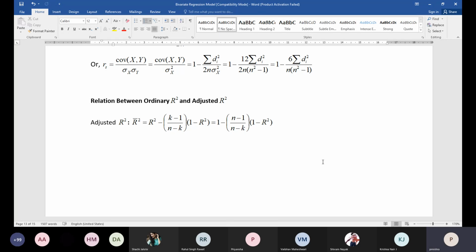Let us estimate a regression model with log of yt as the dependent variable and t, that is the time, as the independent variable. If we do this, then the slope coefficient multiplied by 100 will give me the trend growth rate. That is also an average growth rate during this period.